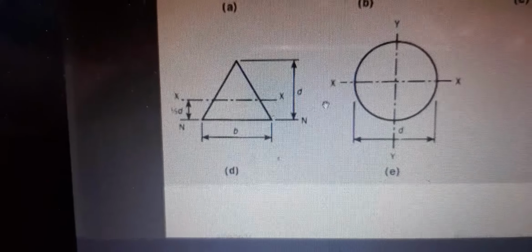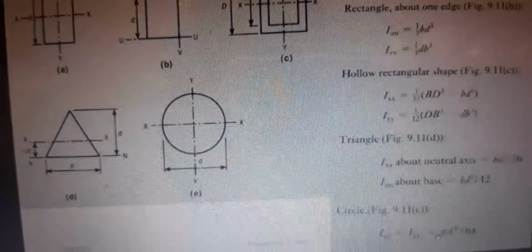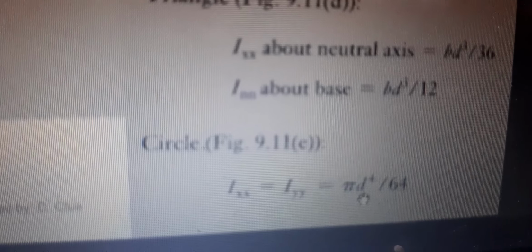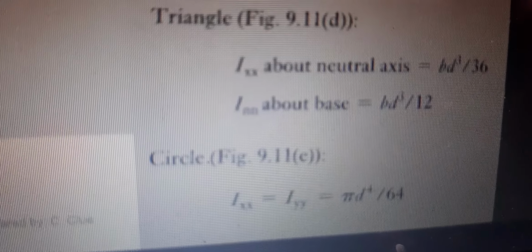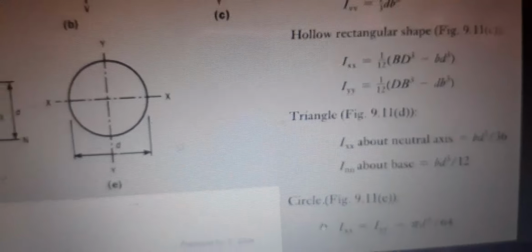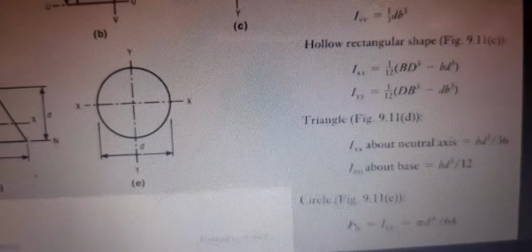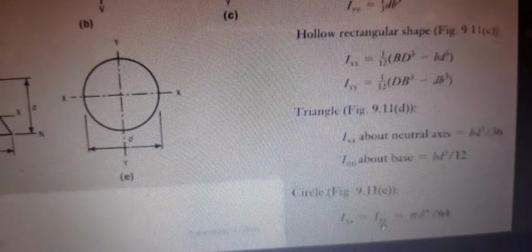Alright? And then if you're doing a circle, look what you would have. IXX, hold on. And you will have to take pi. It must be pi, because you have to use the diameter now. So it's pi d to the 4 over 64 that you would use to work it out. And this is for both IXX and IYY.